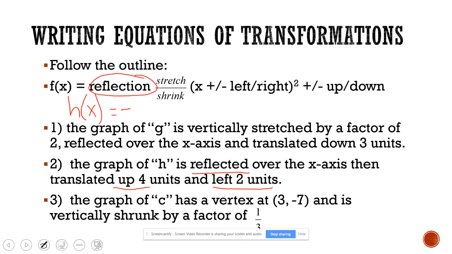That's the first thing I put. I have no stretch or shrink. I do have a left 2, so we need a parenthesis, x plus 2. Don't forget your squared for the quadratic. And then up 4.